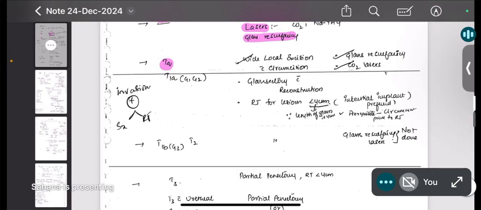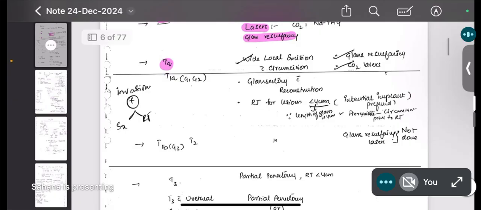RT can be used in very good grade T1, T2, grade 1, grade 2, T1a, where surgery or RT is preferred. Here, depending on the location, you will do wide local excision or partial resections. If it is less than 4 centimeter, then you can give RT. So interstitial implants are preferred.